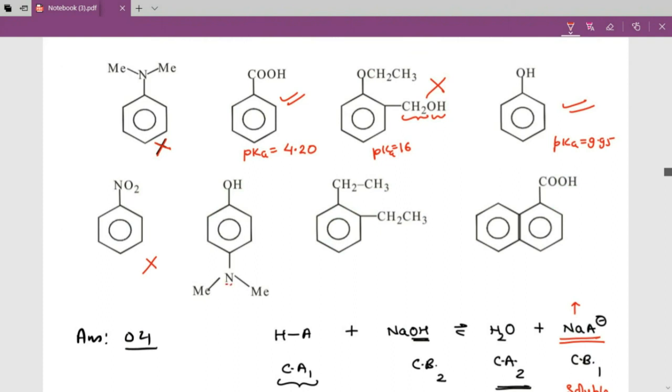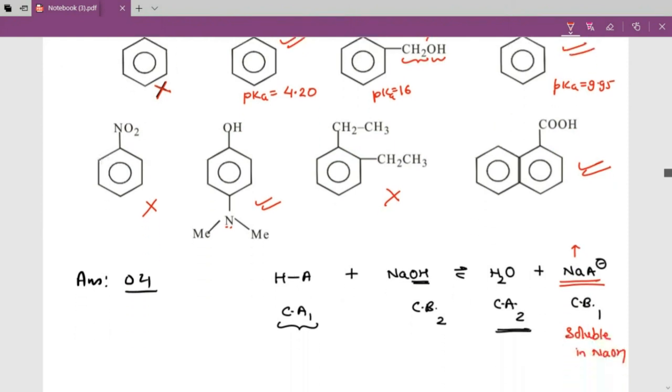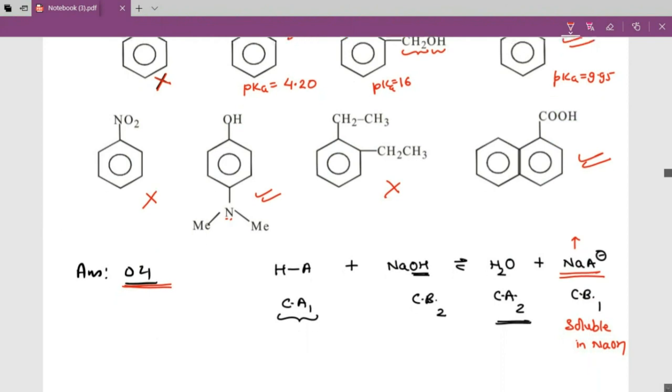Phenol, yes, despite that there is a plus R group, still it will not decrease to the level that its pKa will become less than 15.74. So it is continued. No. Overall, it is an acid. Yes. So 1, 2, 3, 4. 4 will form this type of soluble salt, and so 4 will dissolve in NaOH.